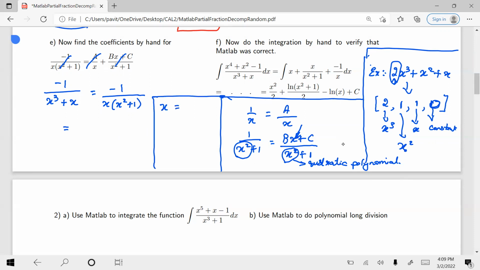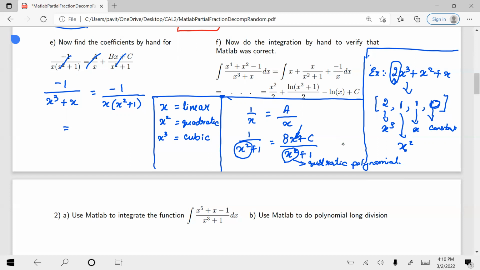If you have x here, this is linear. If you have x squared, this is quadratic. If you have x cubed, it is a cubic polynomial. You must know all these basics before getting into the integration.